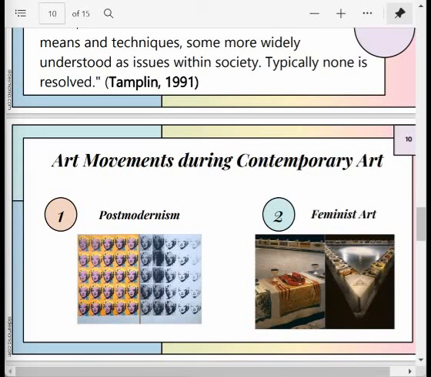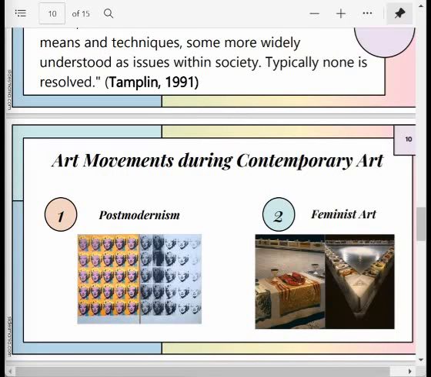So dito makikita natin na during the contemporary period, yung mga isms natin or yung mga art movements natin ay may mga pinaglalaban. At dito nga sa feminist art, gusto nilang i-promote yung mga achievement ng mga kababaihan to also affirm din yung mga kababaihan sa kani-kanilang mga profession at kani-kanilang mga achievements.